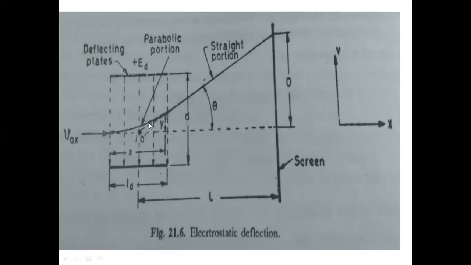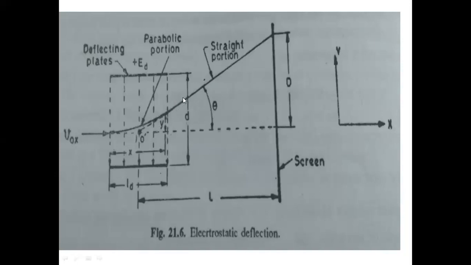Because these are electrons, this positive potential will attract them, and depending upon the amount of potential we apply on these plates, the attraction force will depend, and according to that there is a movement of the electrons that leads to an increase of the velocity.